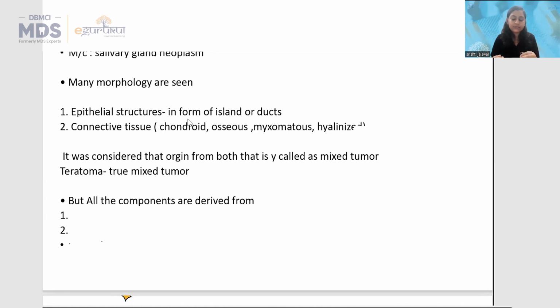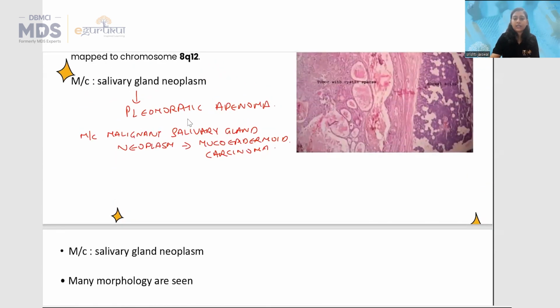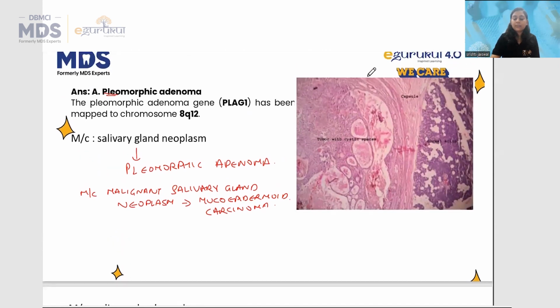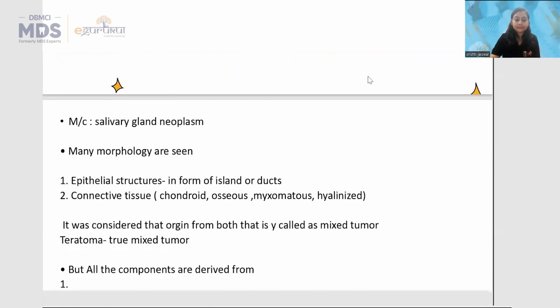This connective tissue is present in the form of chondroid, osseous, myxomatous or hyalinized areas. In this diagram it is very clear: the epithelial part is present in the form of islands or cords, while in the connective tissue part, you can see the hyalinized area and osseous area.